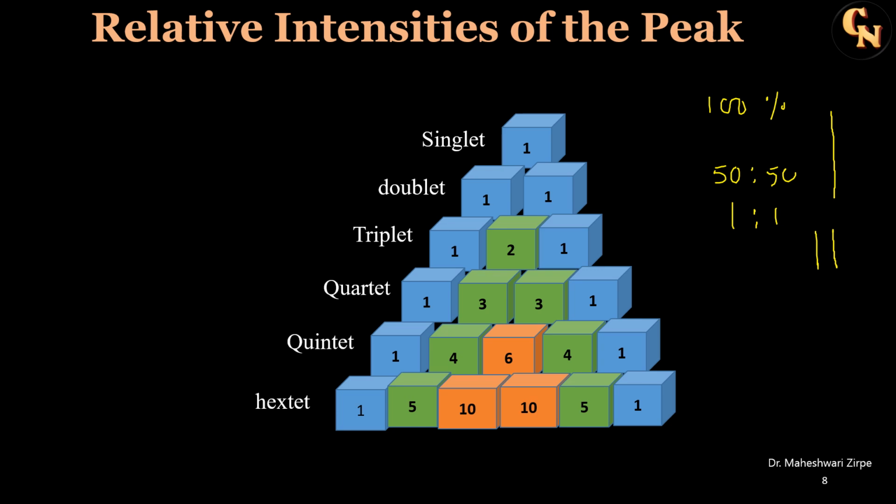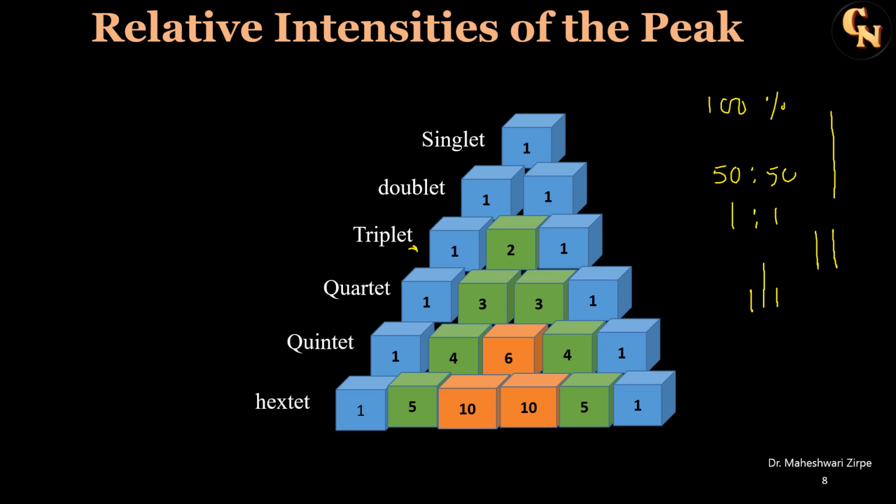Then triplet means the intensity is 1:2:1. What it shows in the triangle is 1:2:1. So 1:2:1 means you divide the 100 in such a way that you get one intensity, its double intensity in the middle, and then again one. That means if this is 25, the middle one should be 50 and then again 25%.